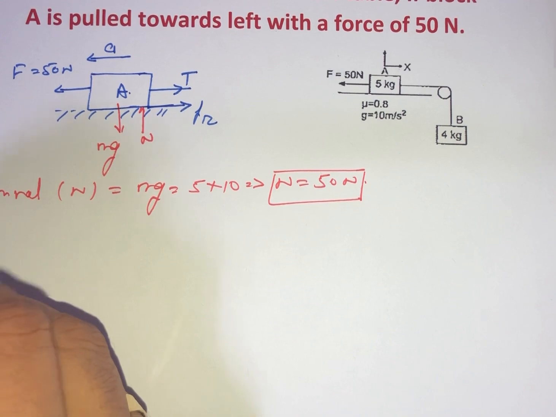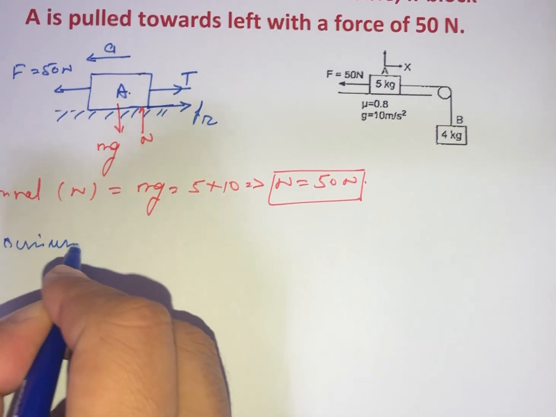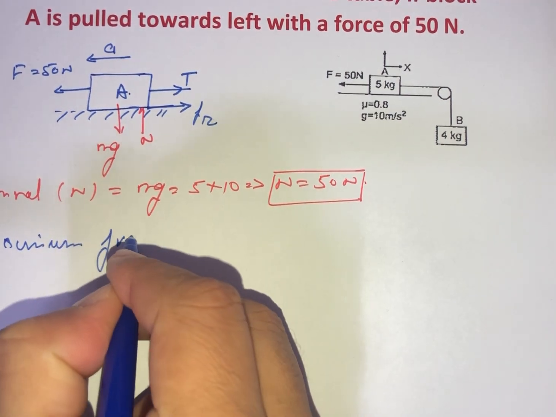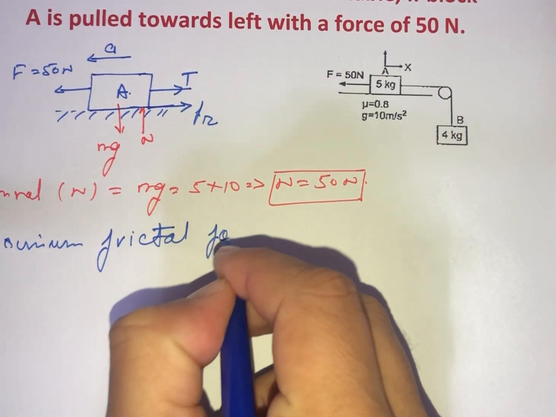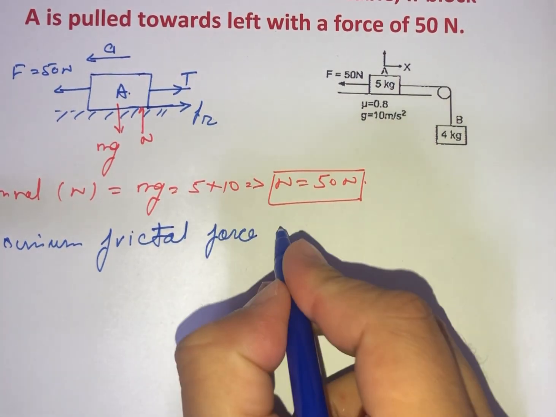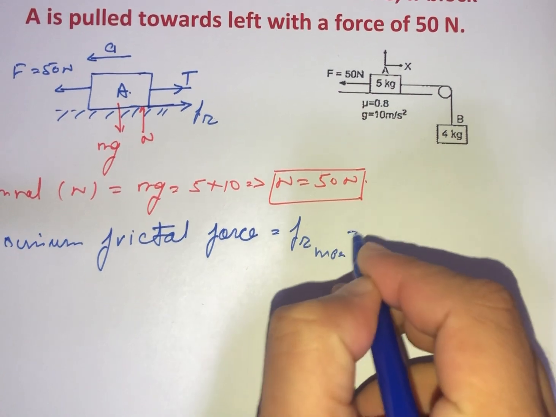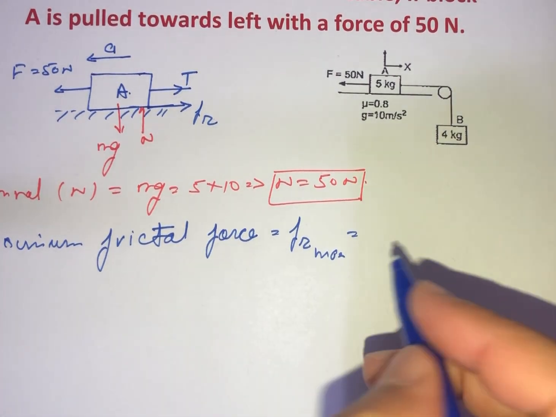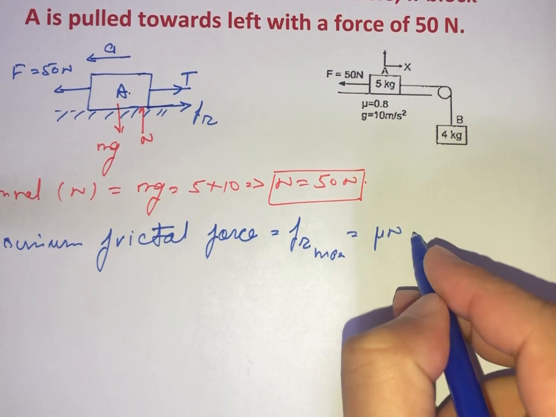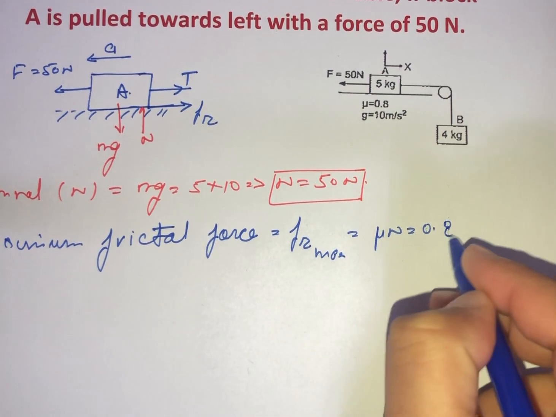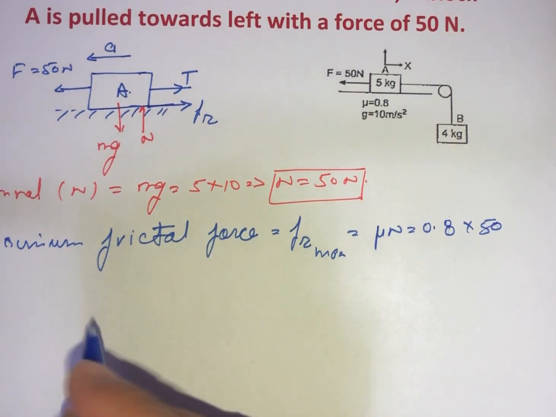Find out maximum frictional force and we represent it as Fr max, and that will be equal to mu N. Coefficient of friction is given as 0.8 and we have N as 50.